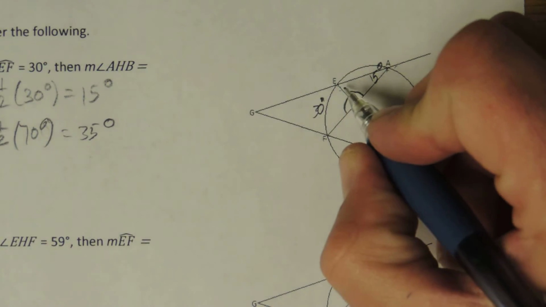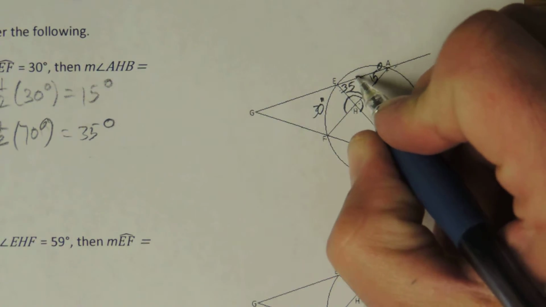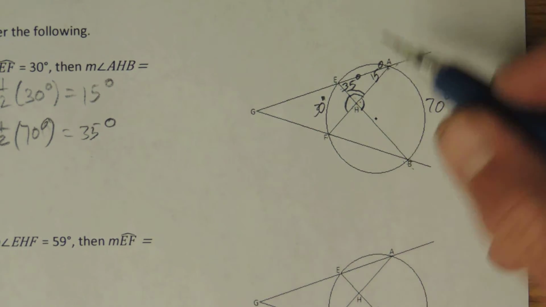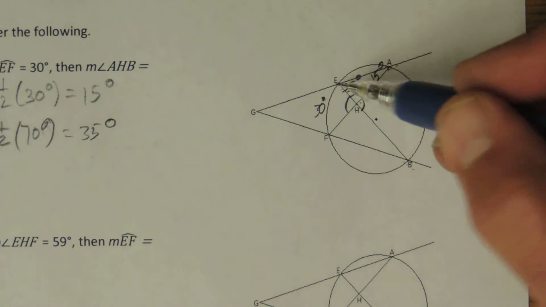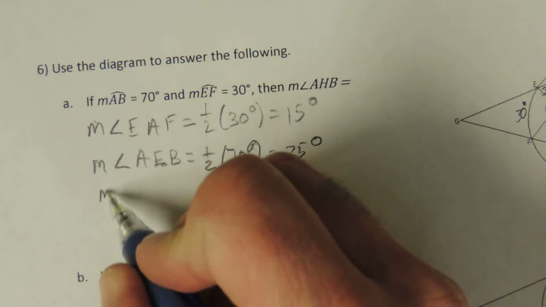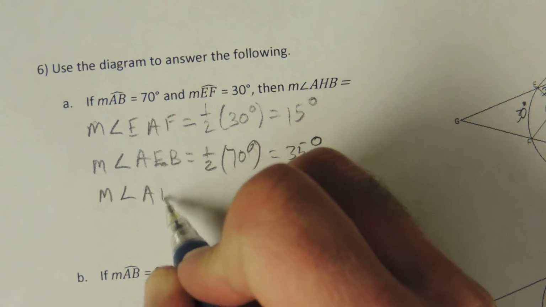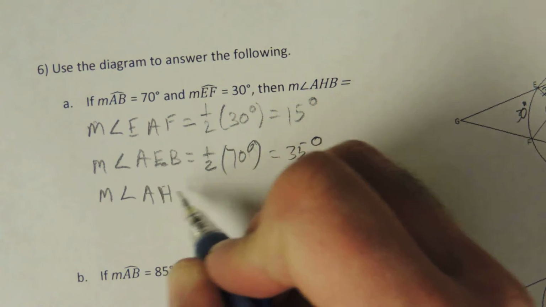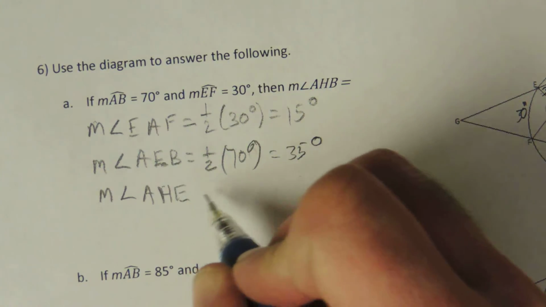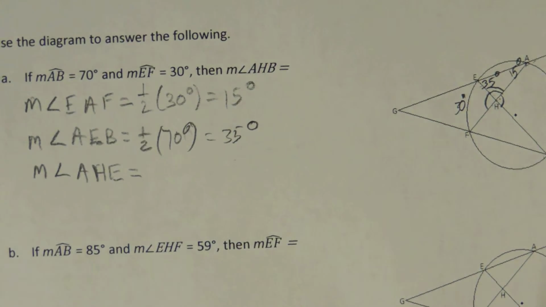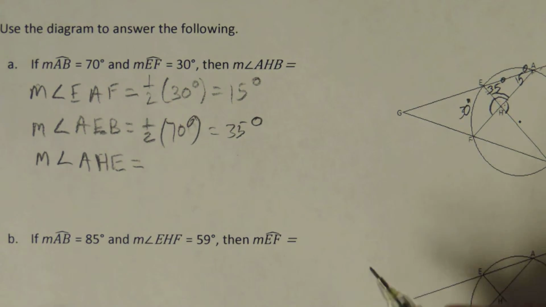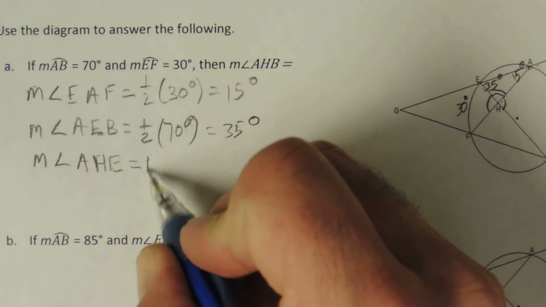And I don't have a lot of room here. I can put that in though. Angle AHE is the third angle of a triangle. And there are 180 degrees in a triangle. We showed that when we talked about parallel lines.